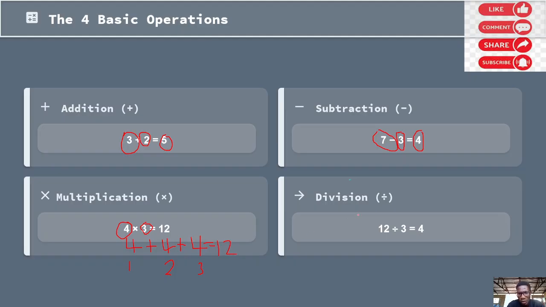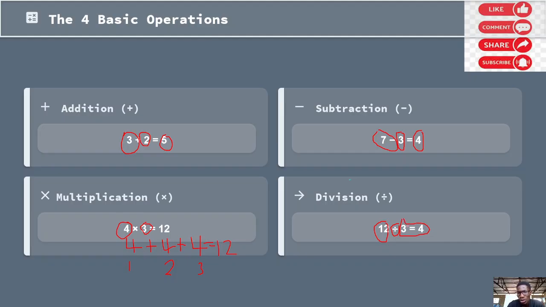Then we have division. Division basically means sharing or grouping. So, for example, 12 divided by 3, and this is the sign of division. So 12 divided by 3, meaning you are sharing 12 items to 3 people.